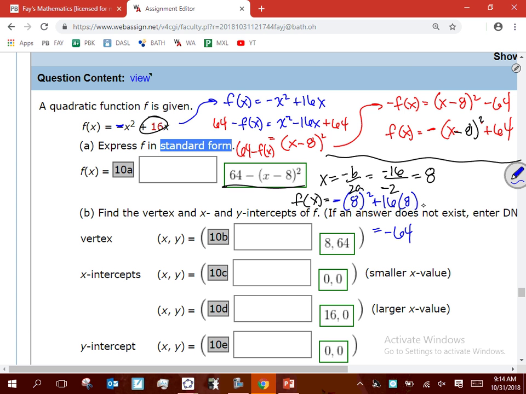Now 16 times 8 is, well, 16 times 4 is 64, so 16 times 8 would be double that, right? It would be 128. What's negative 64 plus 128? 64. So the work we just did tells us that our vertex is located at 8, 64.